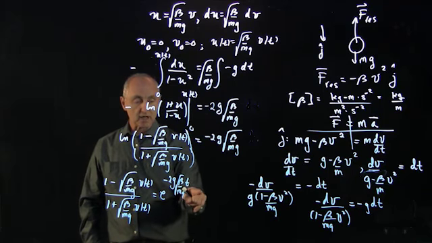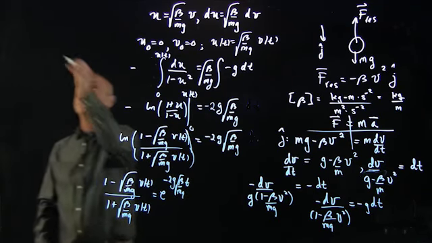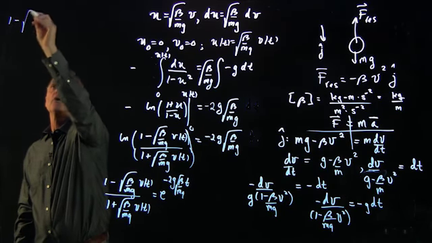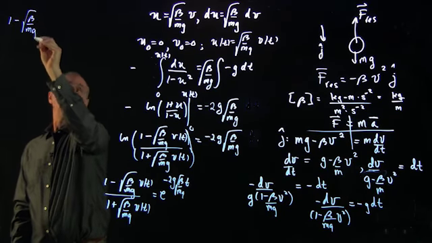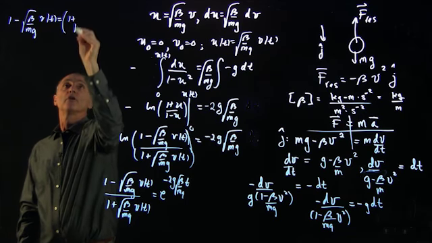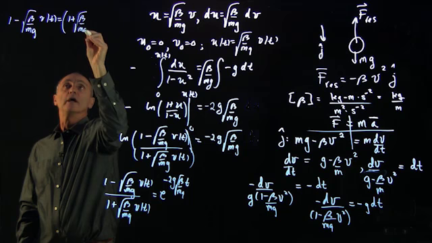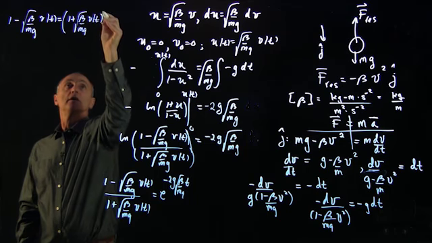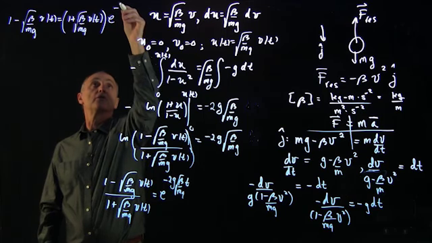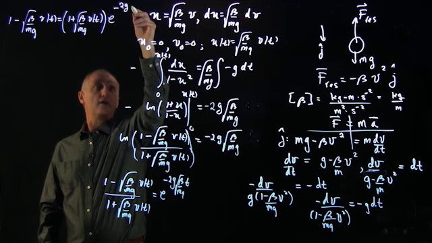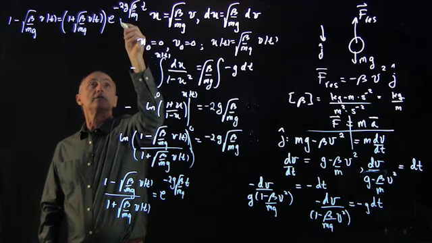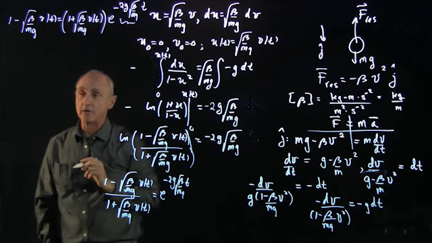If I bring this side over to there, I'll just do that to make the first step a little simpler to see. So we have 1 minus square root of beta over mg v of t equals 1 plus square root of beta over mg v of t times e to the minus this factor, 2g square root of beta over mg, t. Now, this is a lot of stuff to carry around.